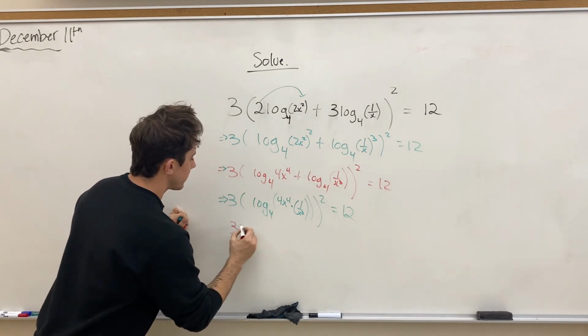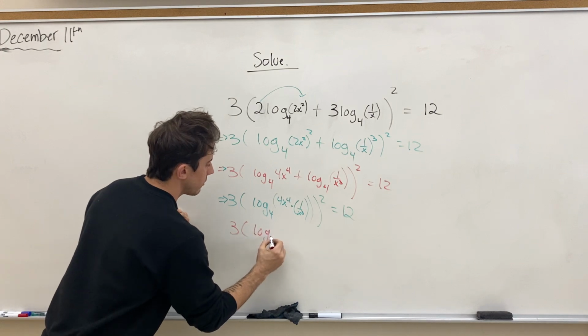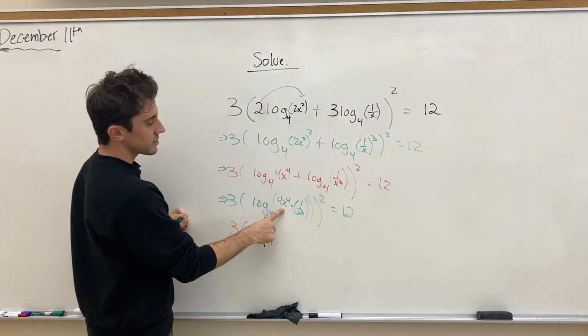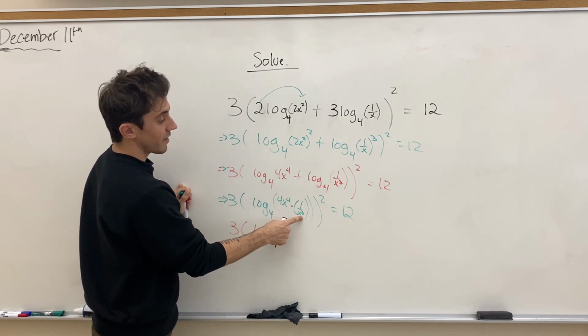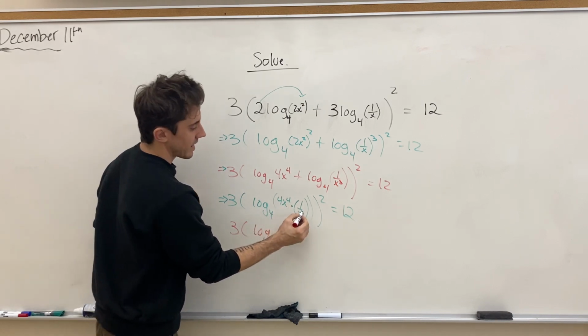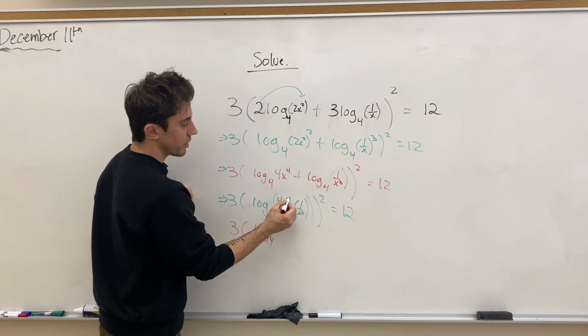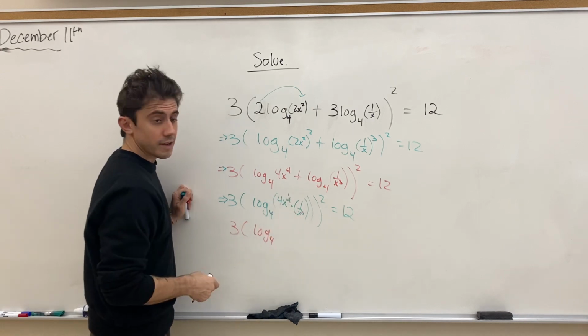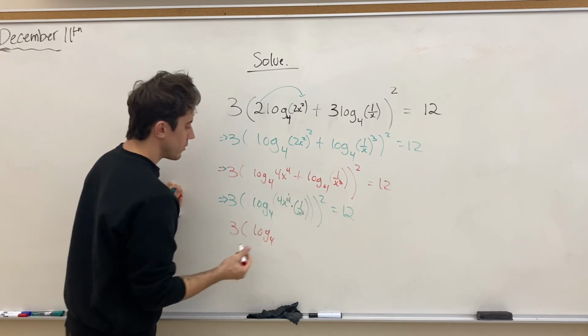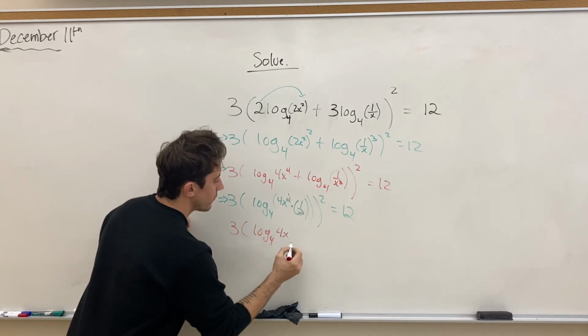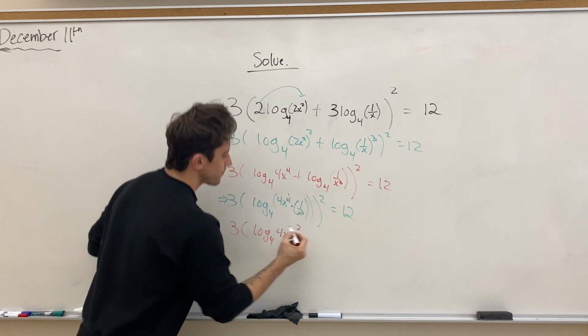So now the left-hand side reads 3 log base 4 of 4x to the 4 times 1 over x cubed means 3 factors of x are going to cancel from the denominator and from the numerator once we multiply through, right? And so all we'll be left with is 4x times 1, or simply 4x, right?